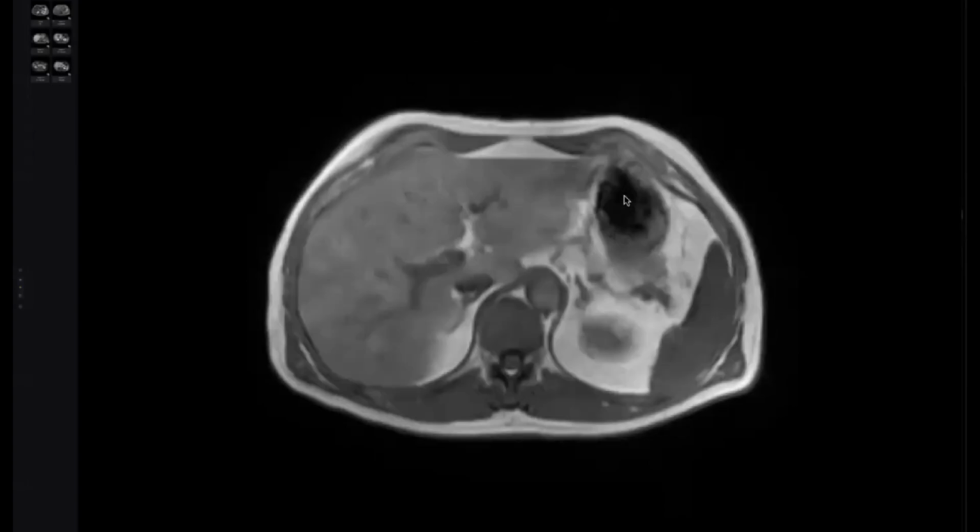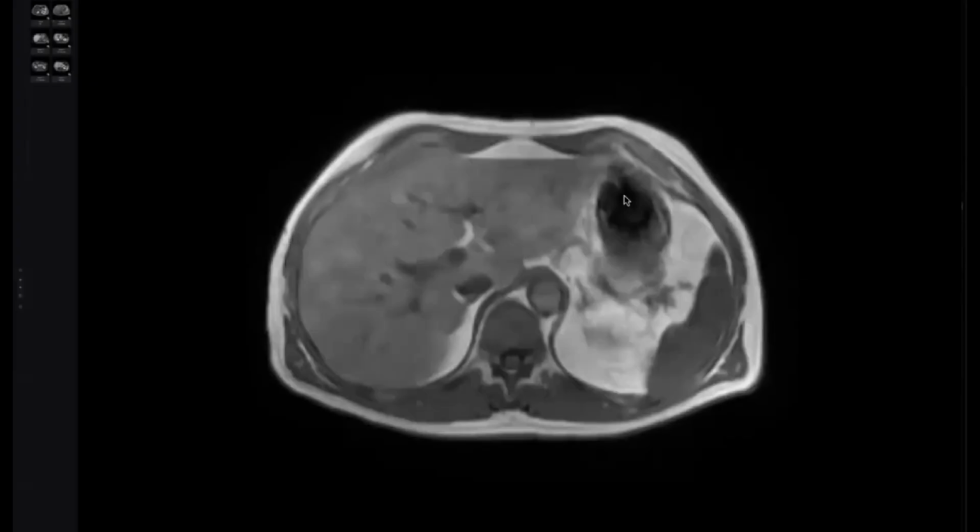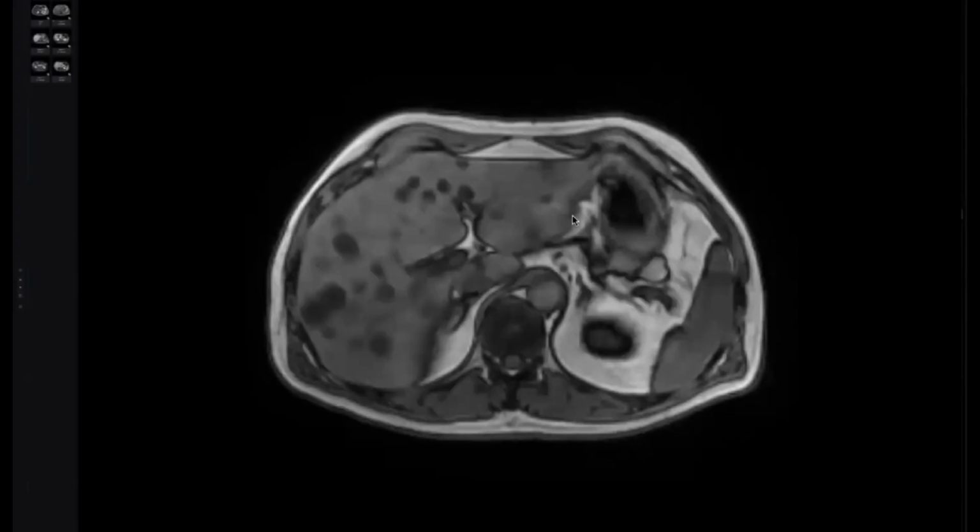This is the stomach. Look, this is the stomach, and I think it will be very clear here. This is a stomach filled with water. This is fat. So there is chemical shift. Why? By MRI physics, the machine couldn't predict well the signal at this interface. The machine is confused, really, I'm not joking.